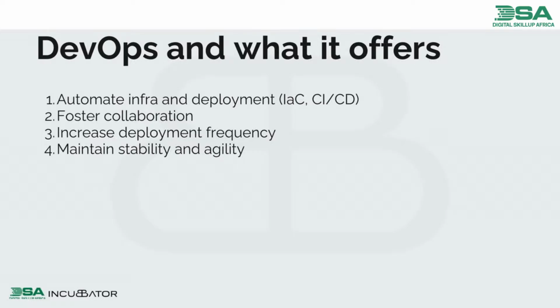All of those, like installing the OS, whether Ubuntu or Linux or whatever OS you want to install on your server, were done manually. But now with DevOps, you have to automate that. So that's what gave birth to what we now call infrastructure as code.